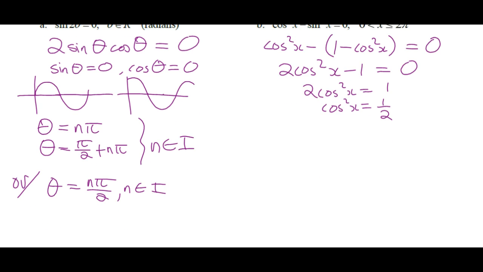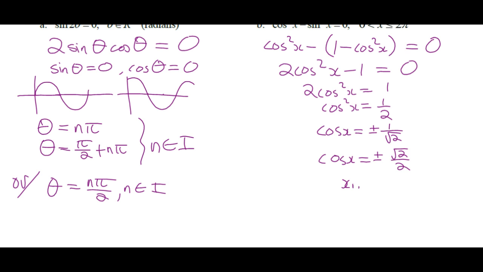So what's cos x? Plus or minus 1 over root 2, which goes by another name. What's the other name for 1 over root 2? Root 2 over 2. And that's the name that we know it better by, right? So since it's plus or minus, it's going to be all the pi over 4s.